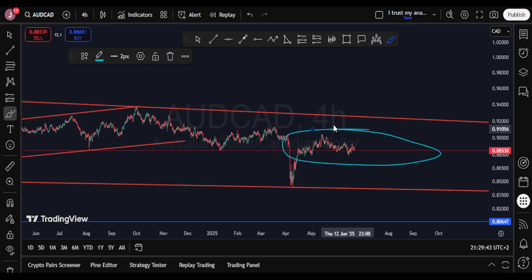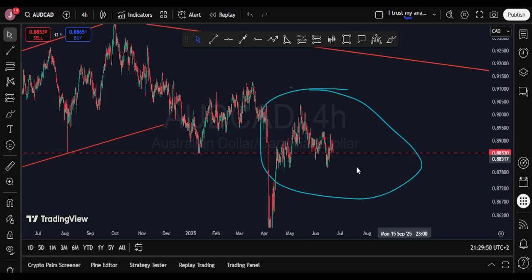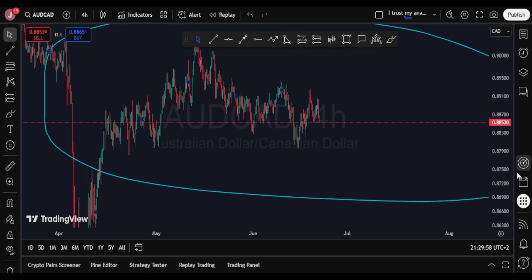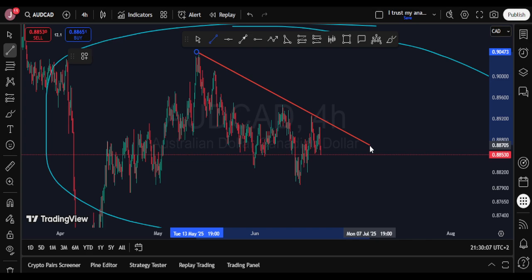Let's see what pattern, or structure, we have here so that we can focus on capitalizing on current market movements.